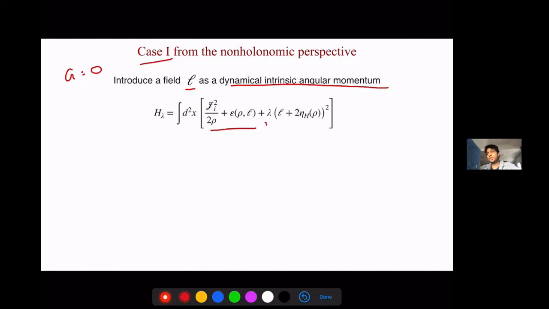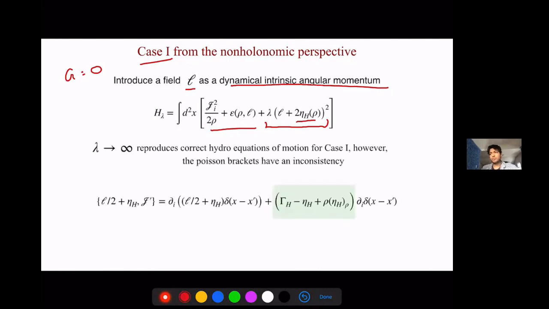But I impose an additional constraint where I pin my intrinsic angular momentum density L/2 to the Hall viscosity term through this cost function. In the limit when lambda goes to infinity, I produce the correct hydro equations of motion for case 1.